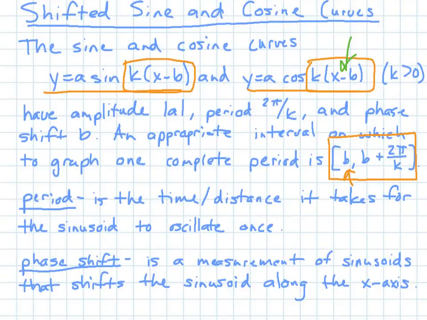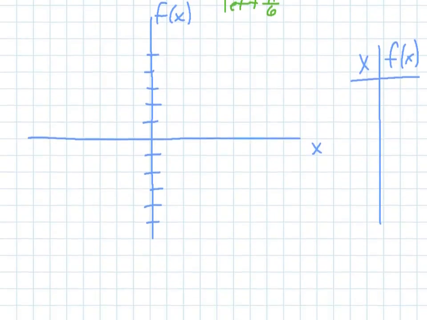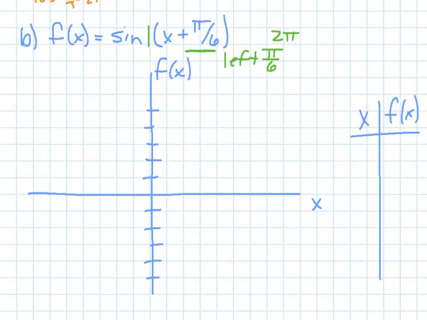Just like if you had x minus 2 squared, it would shift it to the right 2 instead of to the left because of the minus. So here, because it says plus, that means I'm shifting to the left pi over 6. So I have a normal period of 2 pi, but all my x values need to shift over a value of pi over 6 to the left. So you're going to take away a pi over 6.